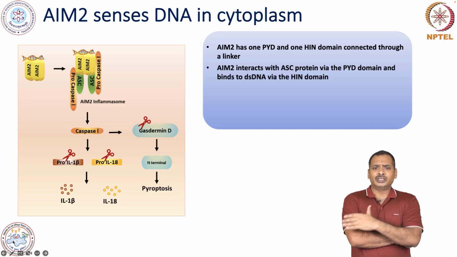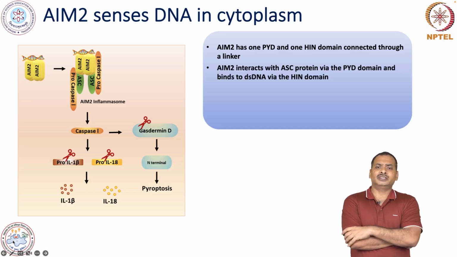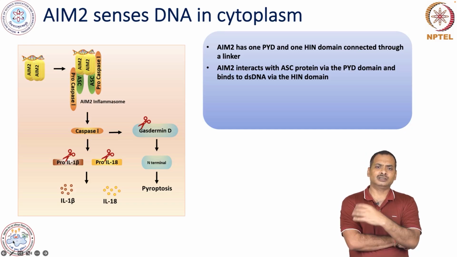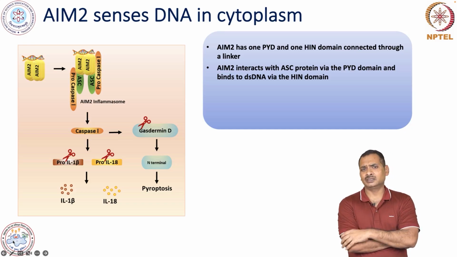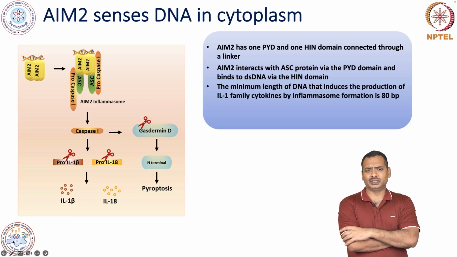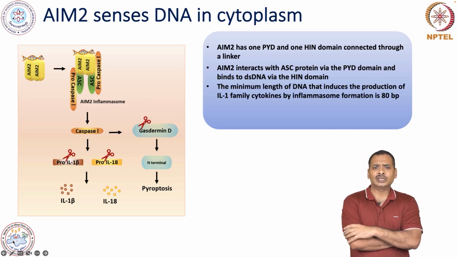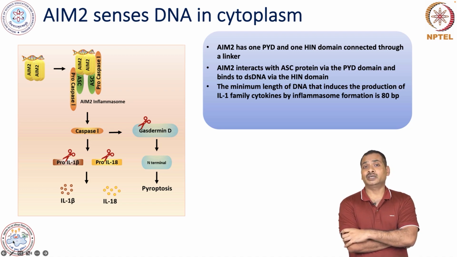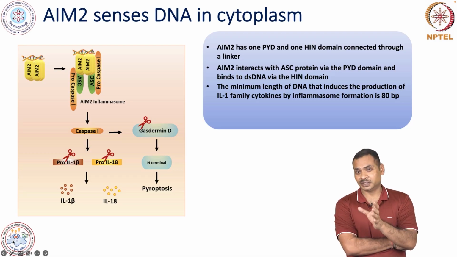So, I have already explained that AIM2 interacts with the ASC protein via the pyrin domain, and double stranded DNA is binding with the HIN domain. Okay. The minimum length of DNA that induces the production of IL-1 family cytokines by inflammasome formation is basically 80 base pair.